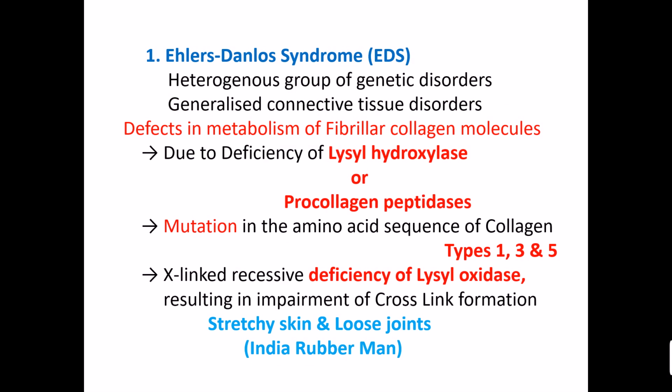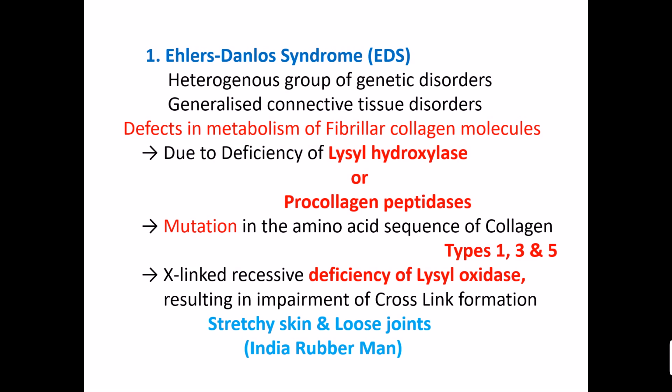Ehlers-Danlos syndrome, that is EDS, is a heterogeneous group, a generalized connective tissue disorder, and there are certain defects in the metabolism of fibrillar collagen molecules. There may be deficiency of lysyl hydroxylase enzyme or procollagen peptidases. There may be mutation in the amino acid sequence of collagen type 1, 3 and 5.